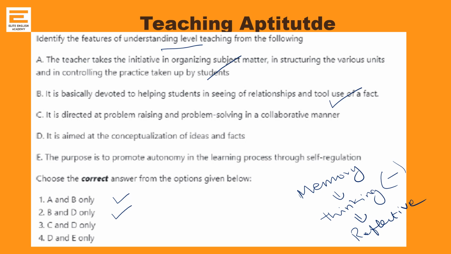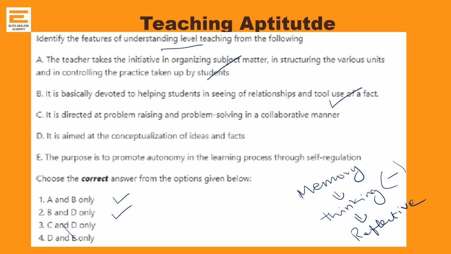B is available in option 1 and option 2. So what you can do, it is a time saving strategy. You can reject option 3 and 4. If you reject A, definitely the second option, B and D, is the answer. I hope you get the point.